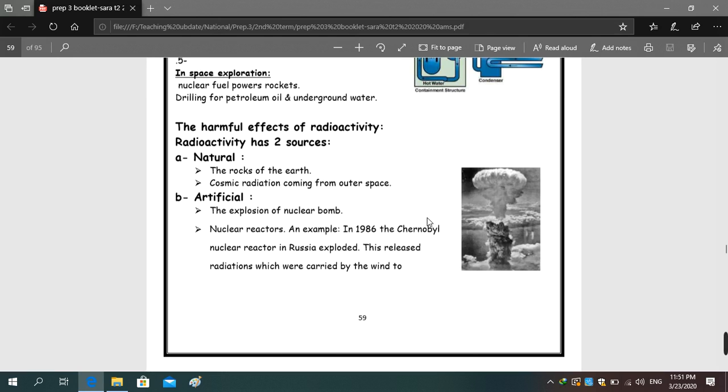The radiations inside animals like cows and buffaloes reach the milk of the cows. This milk is used by humans, and the radiation penetrates human tissues through the milk of the cows, and the plants reach in radiation.